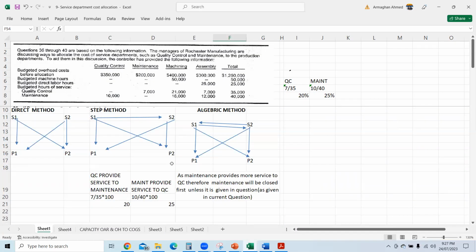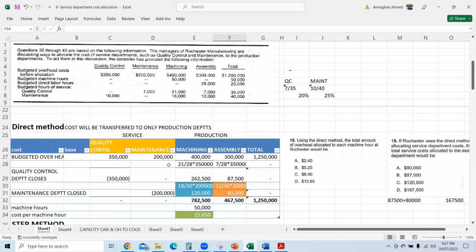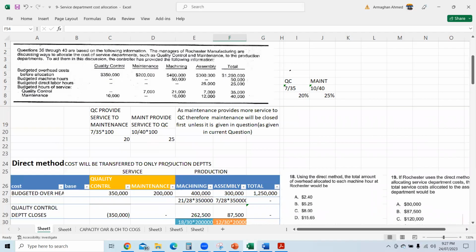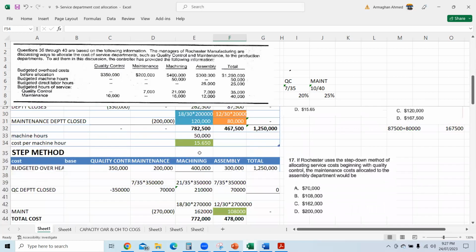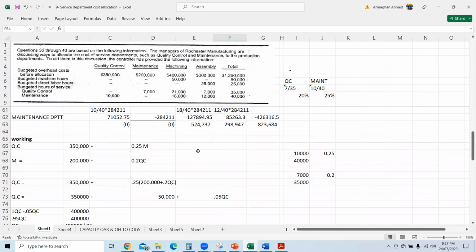How we allocate the service department cost to the production department. Sometimes we allocate directly only to the production department, sometimes first the service department and then the other service department allocates only to production, and sometimes reciprocal. Each service department is providing service to each other, right? So this is what we have done. Any questions?